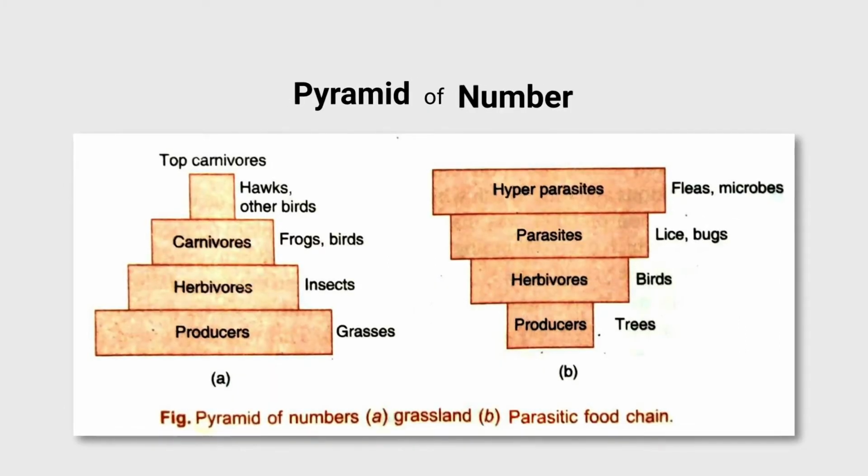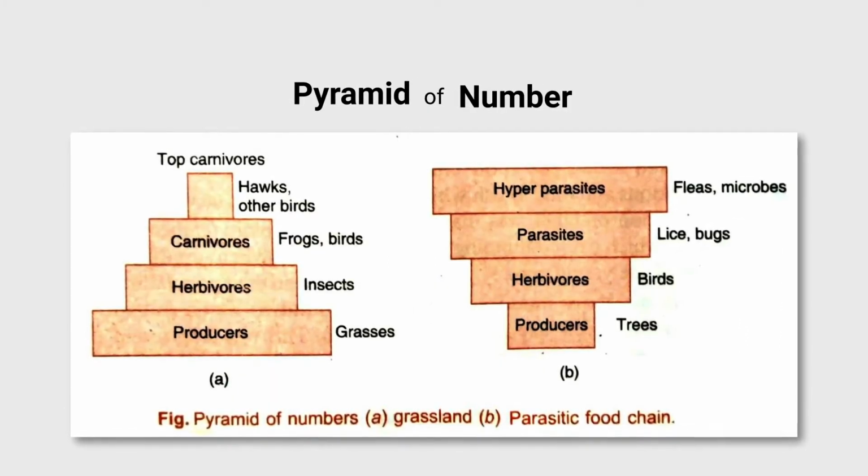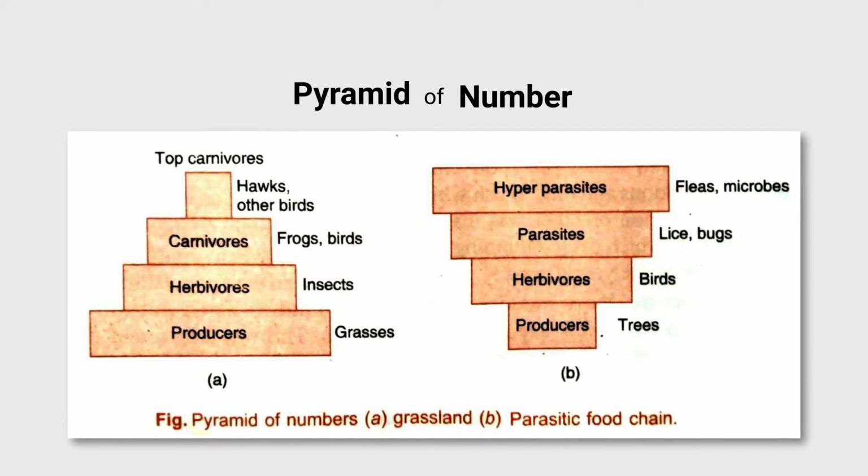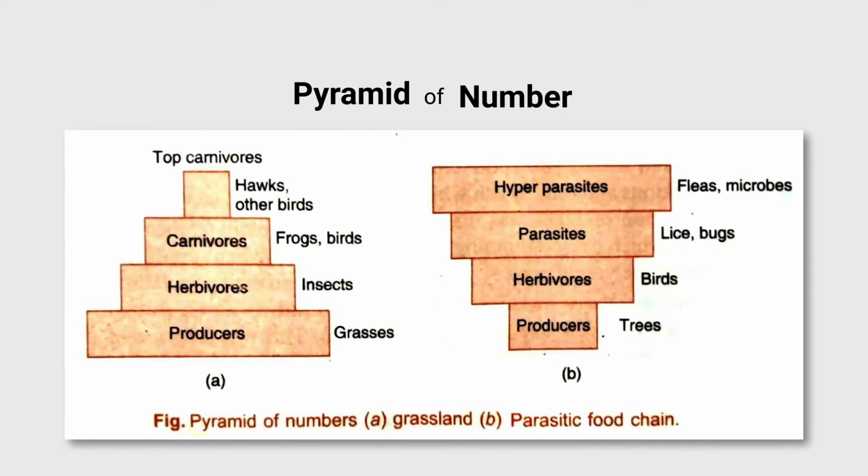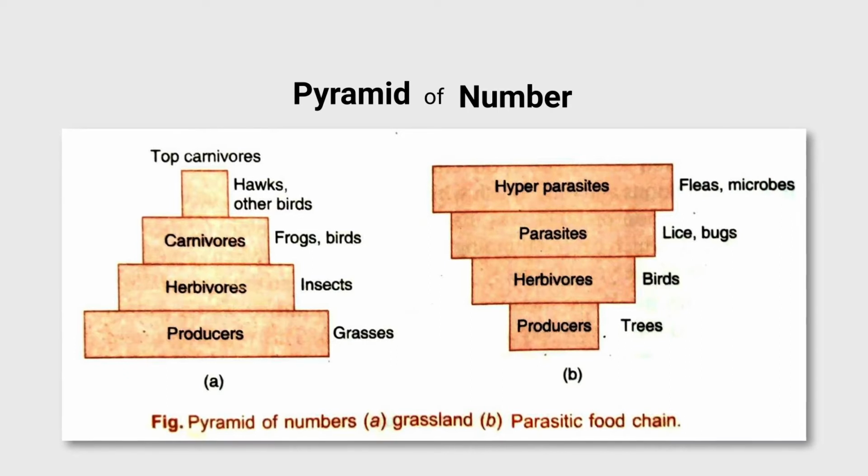You see here in this diagram, in the grassland, when you talk about number, who is the producer? Grasses. The number of grasses is high. Then the second level in this pyramid structure is herbivores, the insects. Insects are fewer in number than grasses.